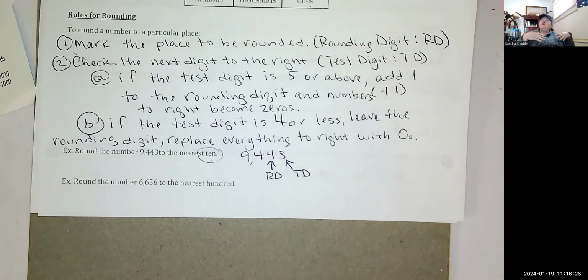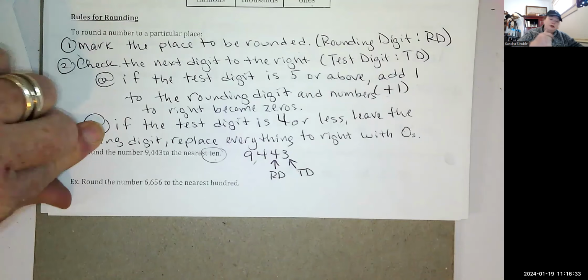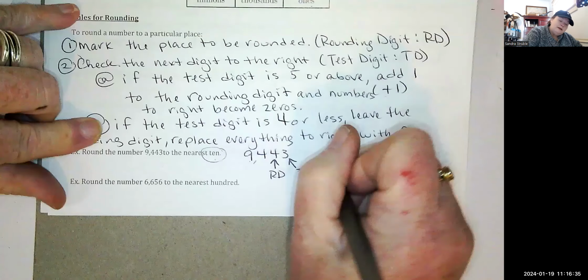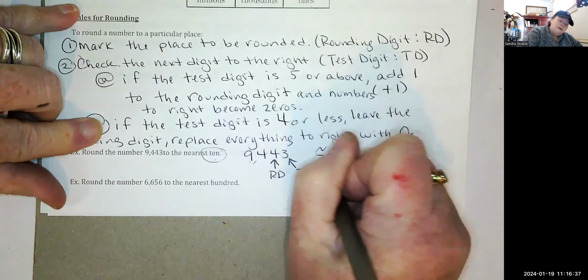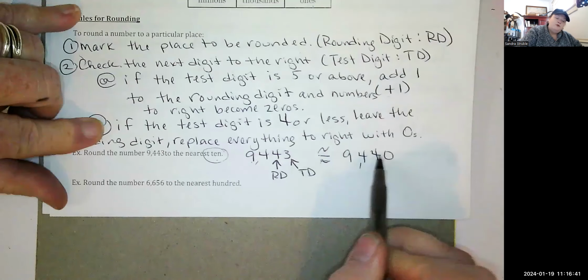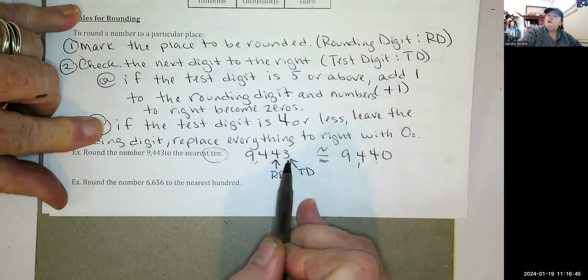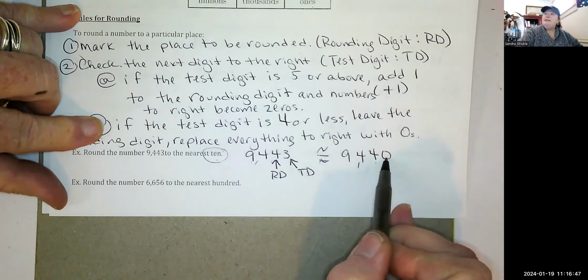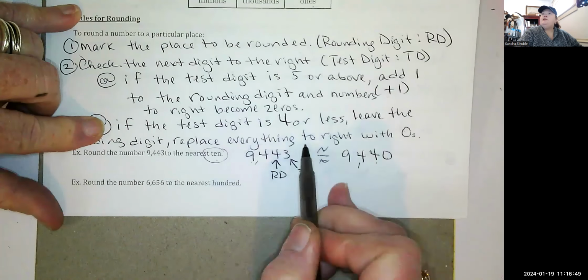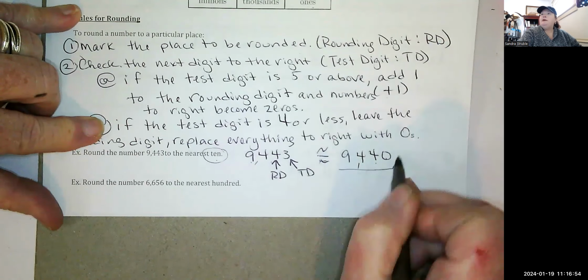Nope. So it's B, where it is 4 or less. All we're going to do is leave it as 9,440. The rounding digit 4 stays the same since the test digit is 3, and then the 3 becomes 0 because we replace everything to the right with zeros. That's it. This is rounding to the tens place.